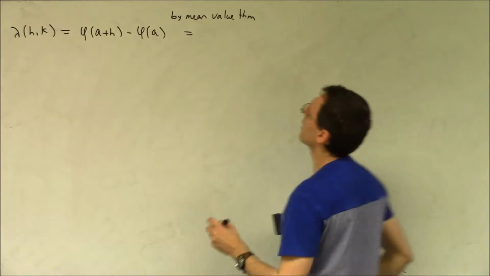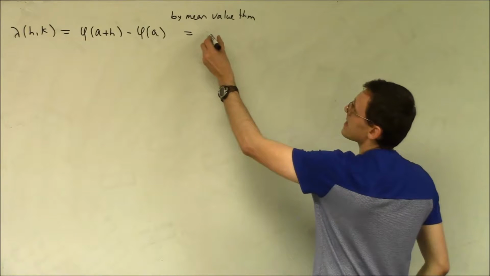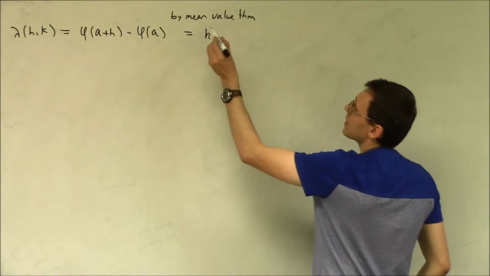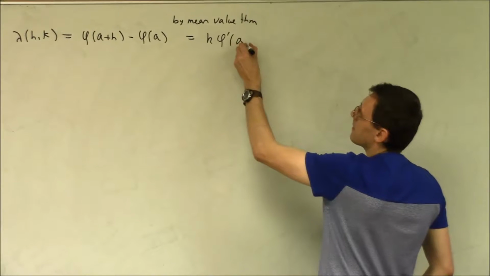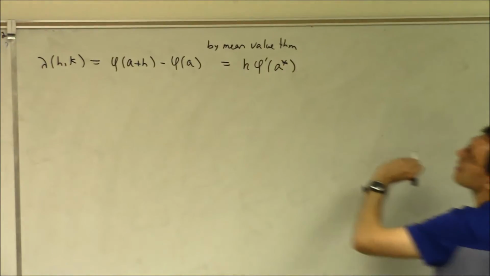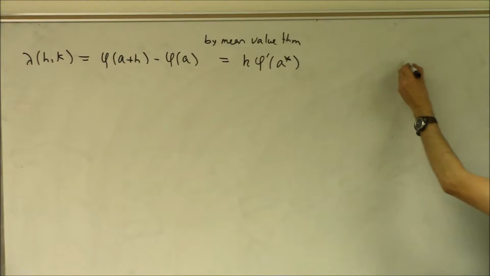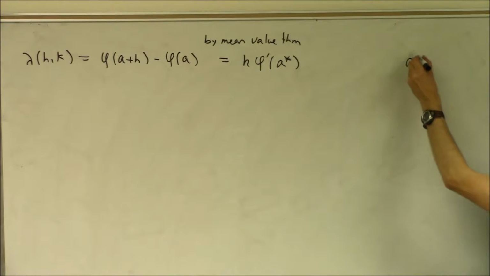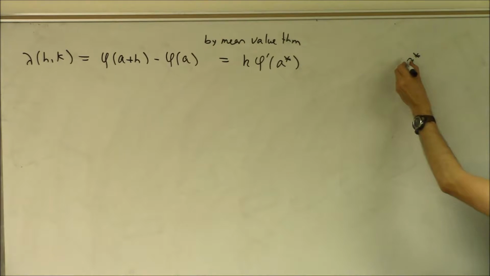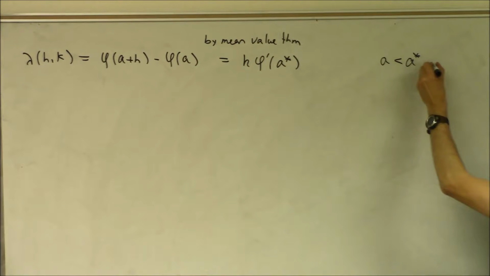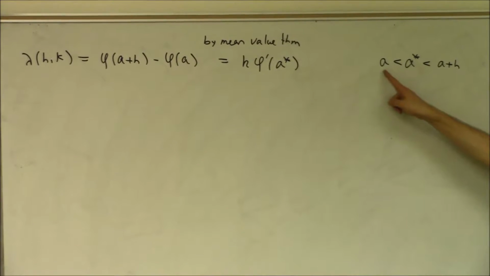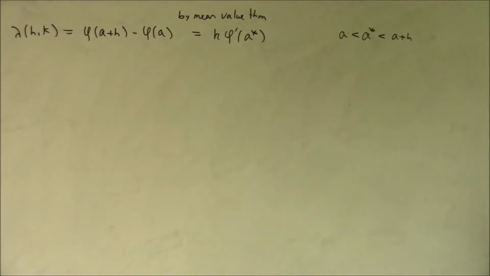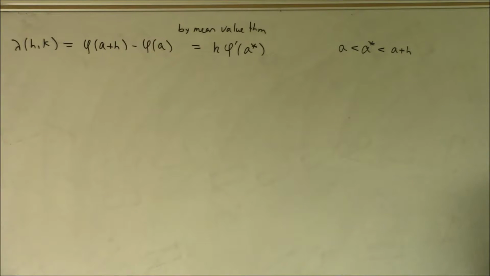By the mean value theorem, this is the same as h times the derivative of this function at some value a star. Here the assumption on a star is that it is between a and a plus h. Basically, it's very close to a.